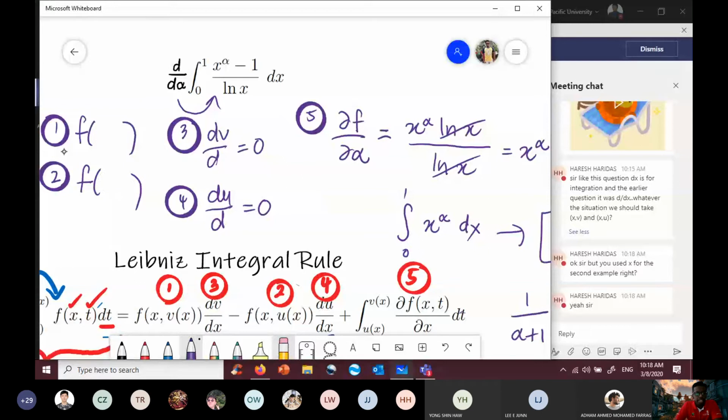So yes, it should be that the outer variable remains alpha, but the inner variable you change it to v. The outer variable remains as alpha, the inner variable you change it to u. And even this should be alpha, but then there's no changes, right? Because even when you differentiate with respect to alpha it is still 0. So luckily, sorry for that, yes. Such a crucial thing, I made a mistake there. The outer variable, yeah, the inner is what changed.